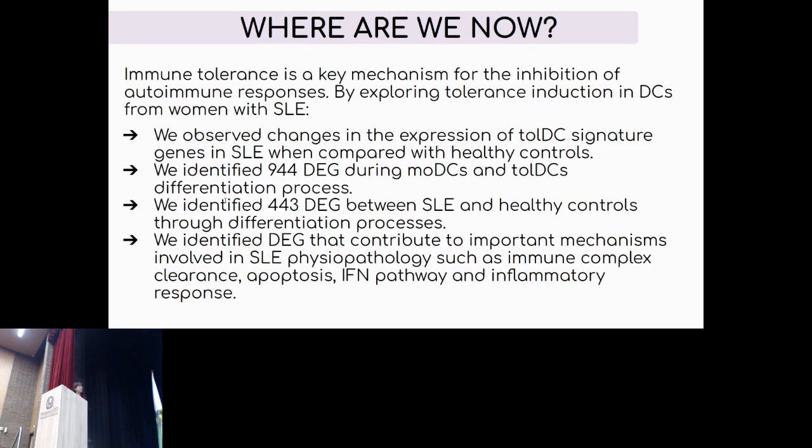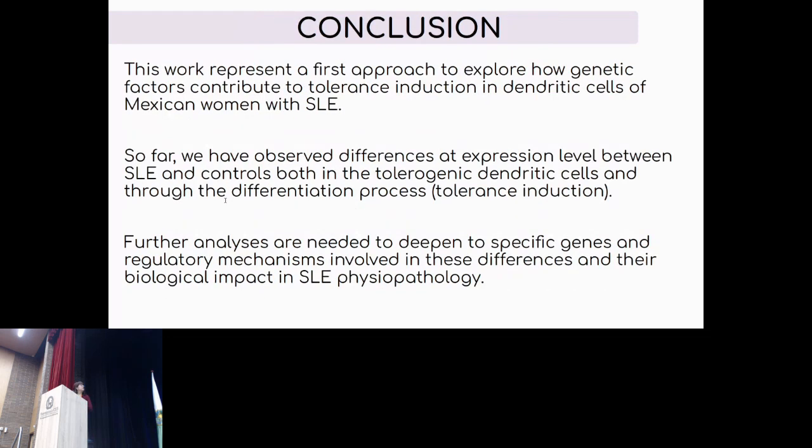We also identified 944 differentially expressed genes during the MO disease and Toll disease differentiation process, and 443 differentially expressed genes between lupus and controls. We identified differentially expressed genes that contribute to important mechanisms involved in lupus physiopathology, such as immune complex clearance, apoptosis, interferon pathways, and anti-inflammatory response.